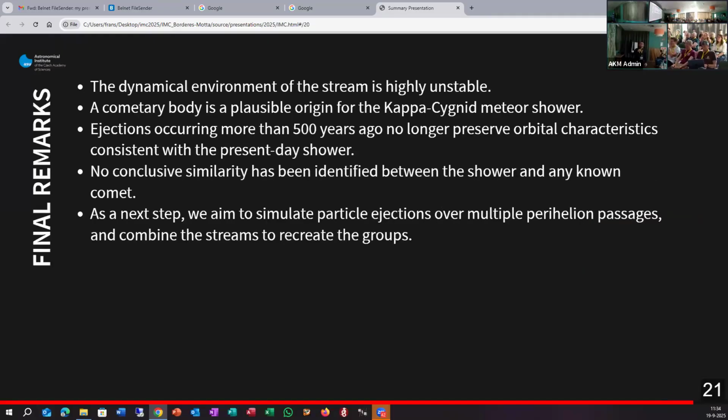So these are my conclusions, and I think I don't have time for the conclusions, or? There are 30 seconds. Yeah, okay. The region is very unstable. A comet is plausible, but the cometary activity could have happened a few years ago, in the 200s, inside 500 years.